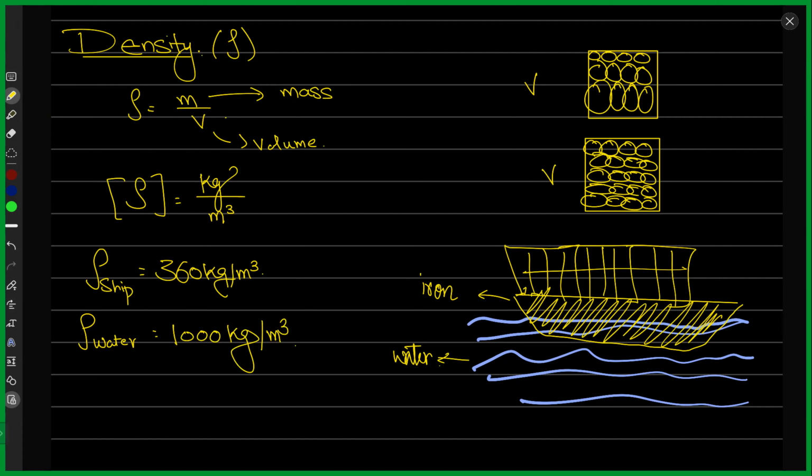Okay, so what does this mean? This means that if I have this ship, 360 kilograms of stuff sits in 1 meter cubed of volume. So if I come back to this diagram, this is the ship, and I need the same size of box, so I'll just copy paste this.